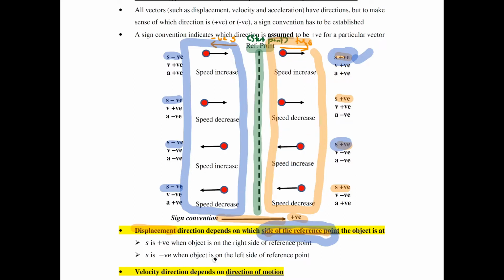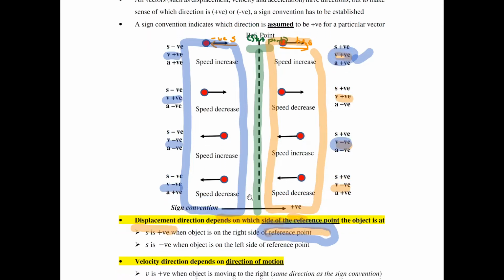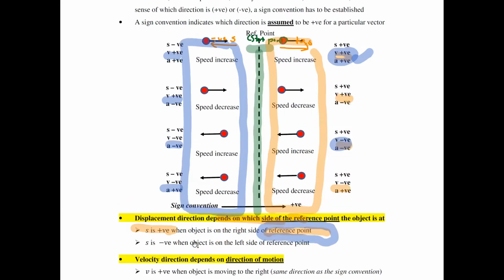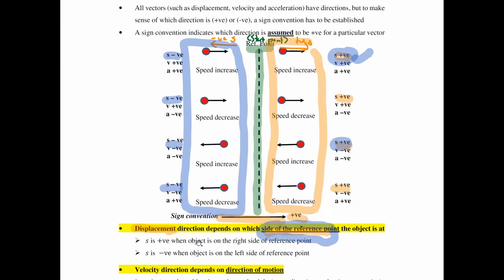Now, for velocity, the direction will depend on your direction of motion. Whether it's going to be positive or negative depends strictly on the direction of its motion. Right now, we say that going towards the right is positive.